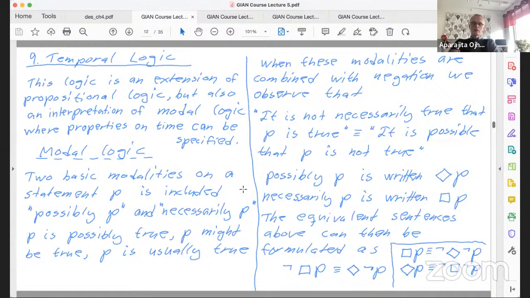So, for instance, if you say it's not necessarily true that P is true, that means that it is possible that P is not true. That is the same as to say it's not necessarily true that P is true.